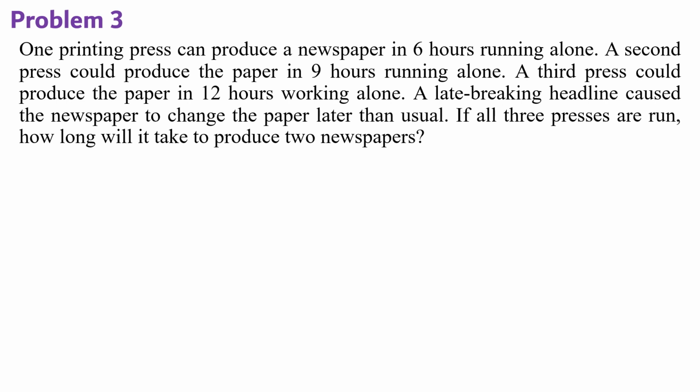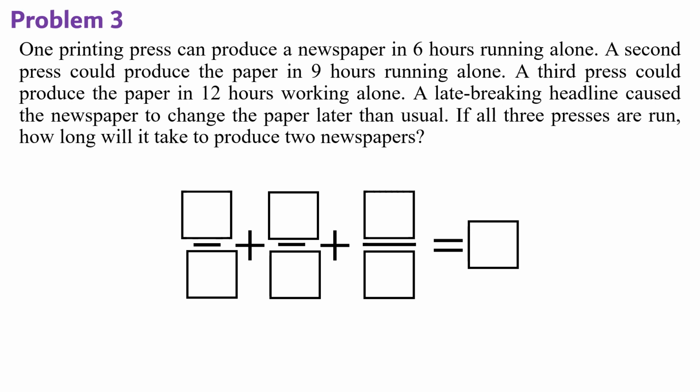Okay, so what's different with this third problem is there are three terms involved already. There are three printing presses. So the process will be the same, although there are three fractions involved now. So it's going to be like this, the same procedure.